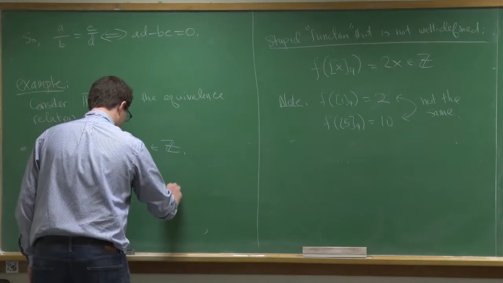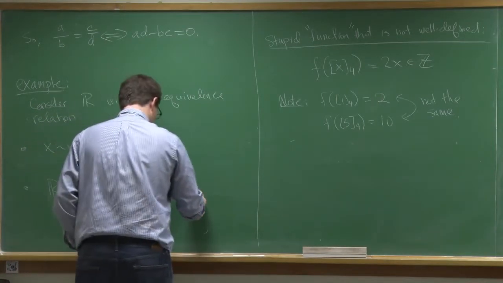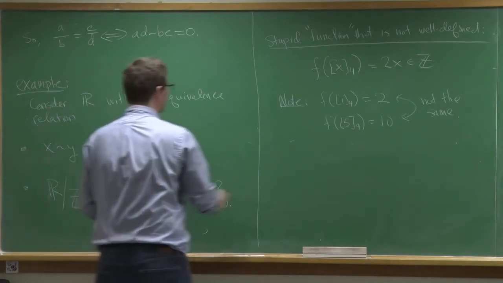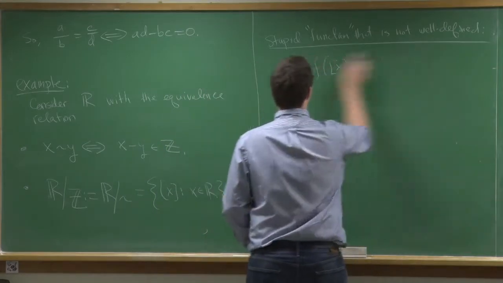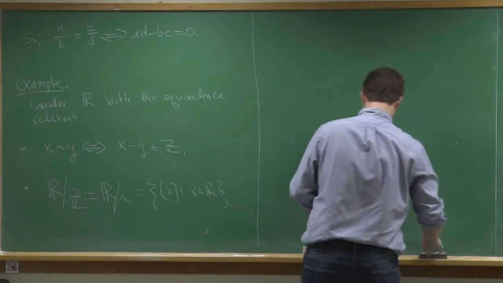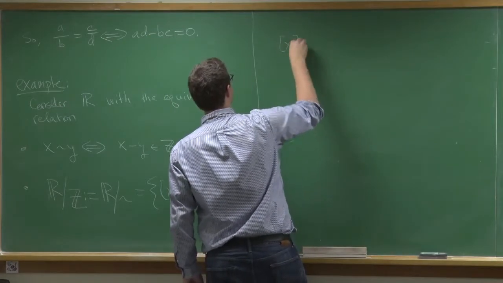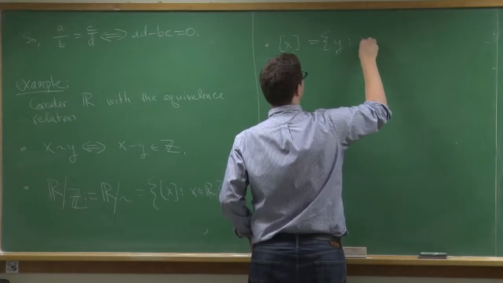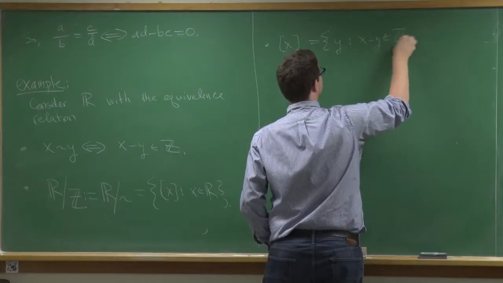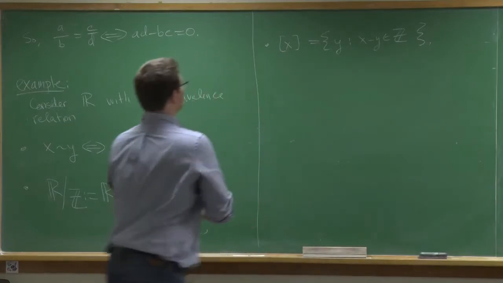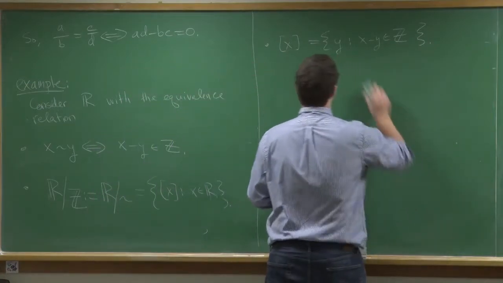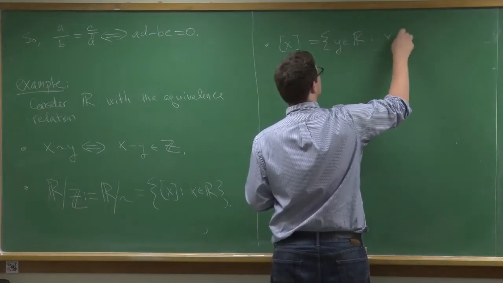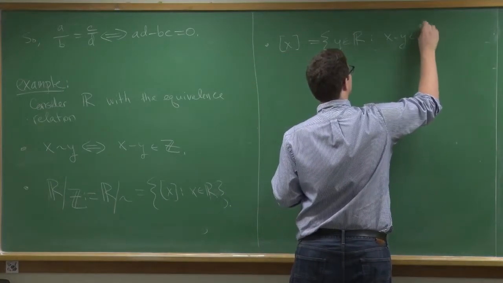This is the quotient, the set of equivalence classes for x in R. And here, this class of x is the set of y in the real numbers such that x minus y is an integer, that is, in Z.